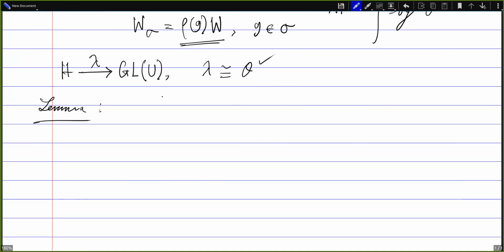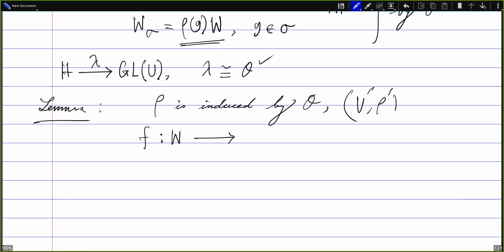So assume that rho is induced by theta, and V prime, rho prime is a finite dimensional complex representation of G, and f from W to V prime is H invariant.